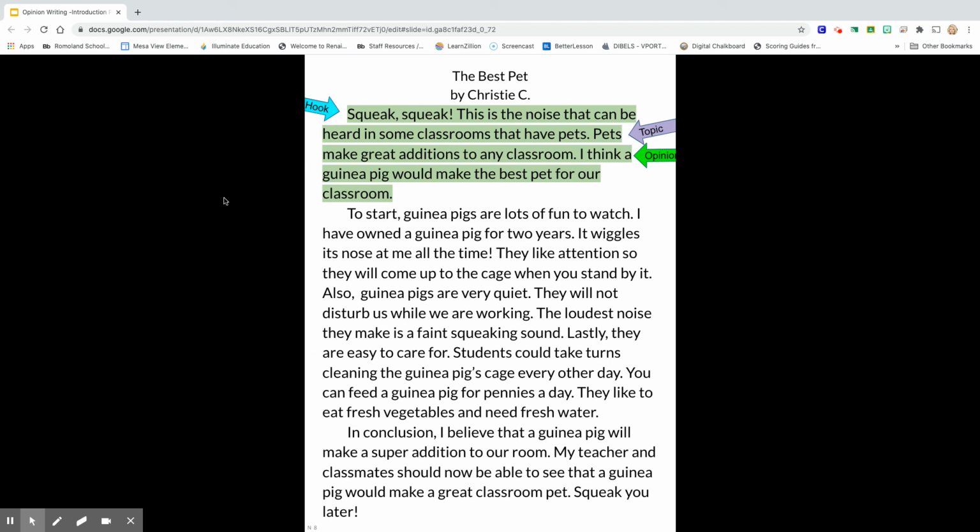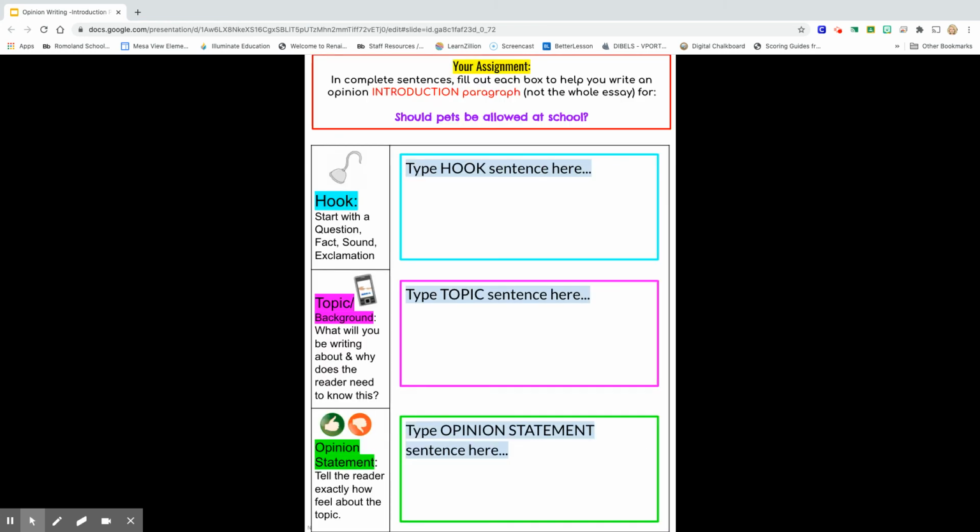So for your assignment today, in complete sentences, fill out each box to help you write an opinion introduction paragraph. Not the whole essay. Keep that in mind. Hands and eyes. I tell my friends when it's really important, it's hands and eyes. We're not writing the whole essay, just our introduction paragraph. And the topic is, should pets be allowed at school?